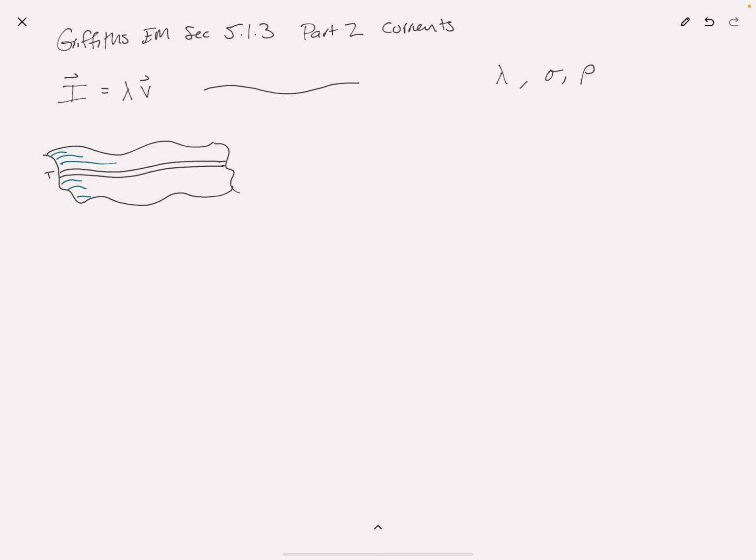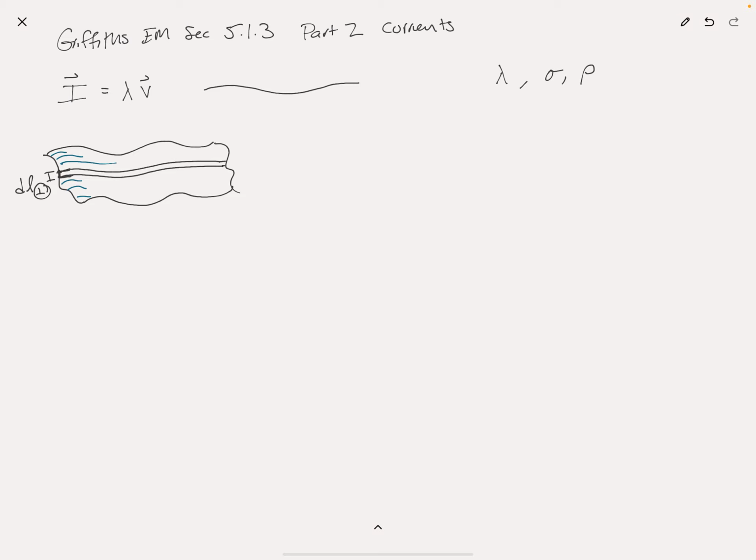Each of these ribbons has some thickness, dl perpendicular. The dl denotes that it is some infinitesimal length wide, and the perpendicular refers to the fact that you're drawing it so that each of these lines is perpendicular to the edge.